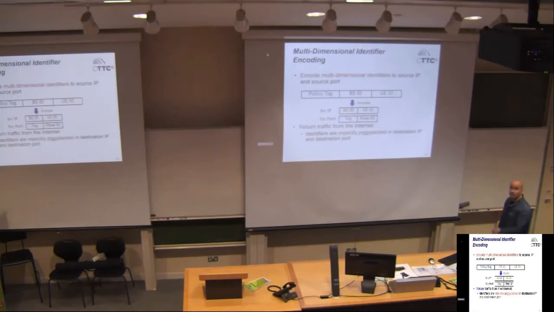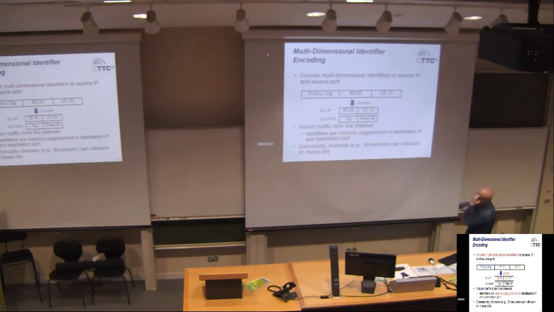And in the return path, when packets go from the internet to the UEs, instead of using the source IP and the source port, we use the destination IP and the destination port. The good thing about this kind of encoding is that current versions of OpenFlow implementations allow the matching of these fields.